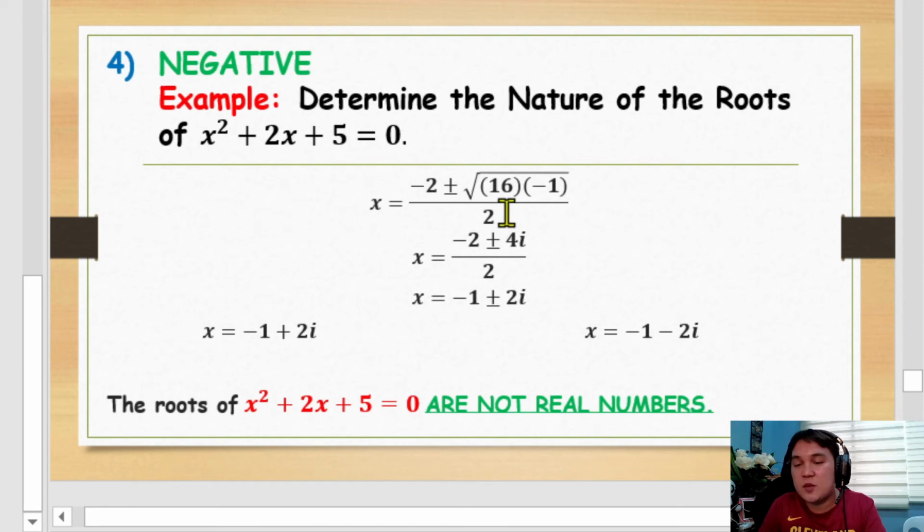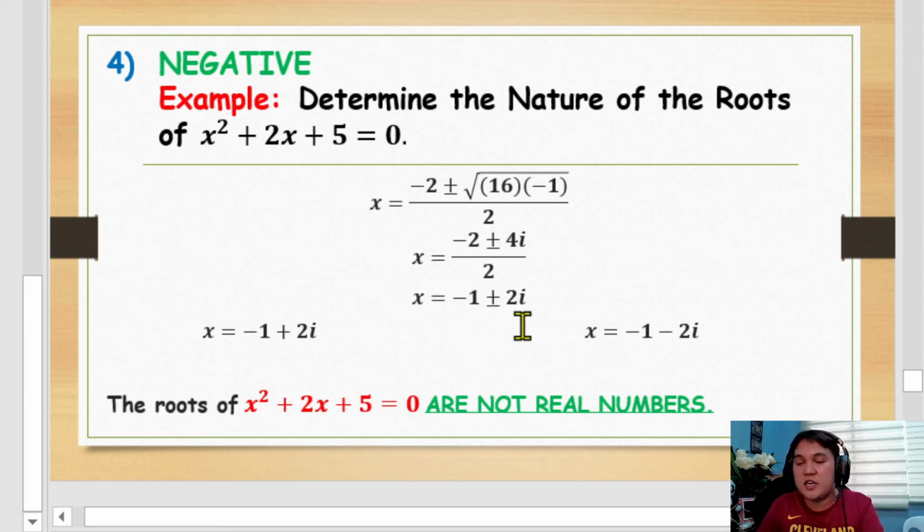Since 16 is a perfect square and square root of negative 1 is i, then we have x is equal to negative 2 plus minus 4i all over 2. Then we simplify. Negative 2 divided by 2, that gives us negative 1. Plus minus, we copy that. Then 4i divided by 2, that gives us 2i. So our new equation is x is equal to negative 1 plus minus 2i.